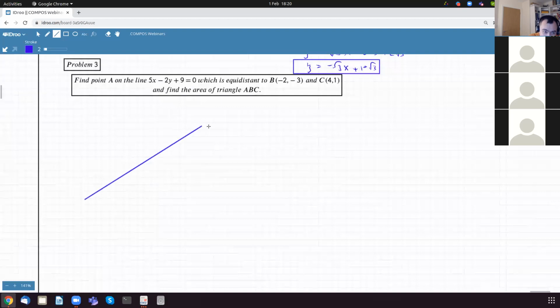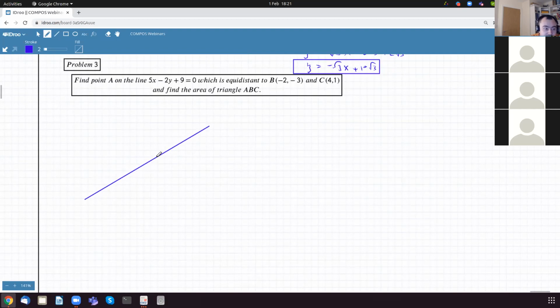So I'm going to make my life easier and just say there's a point on the line, A, which is equidistant from point B and point C. B is -2, -3, and C is 4, 1.